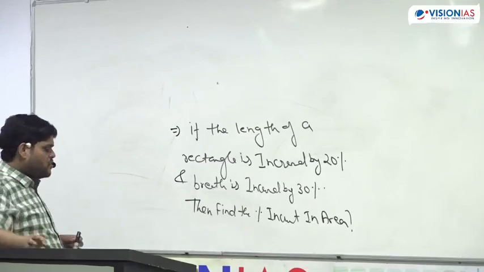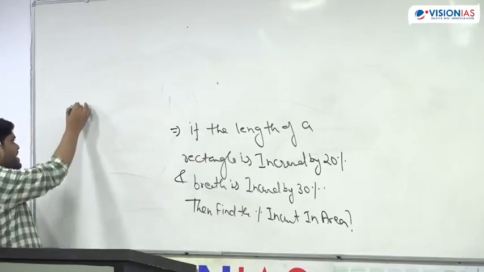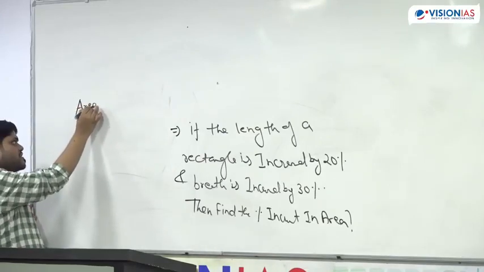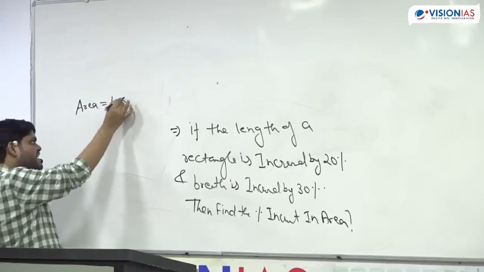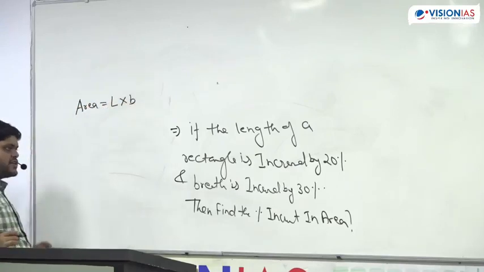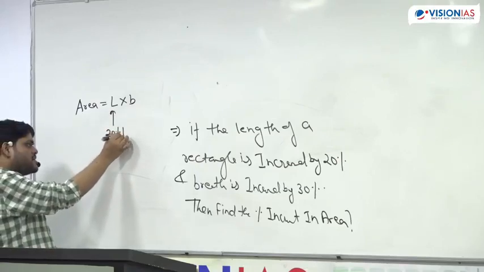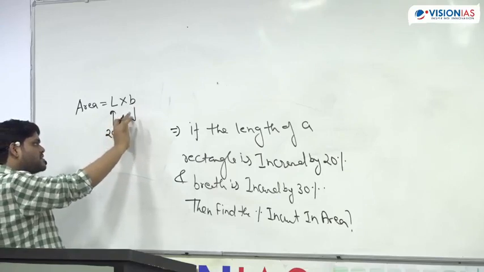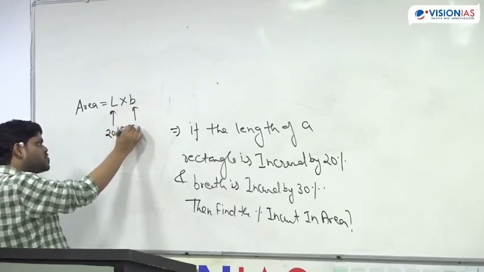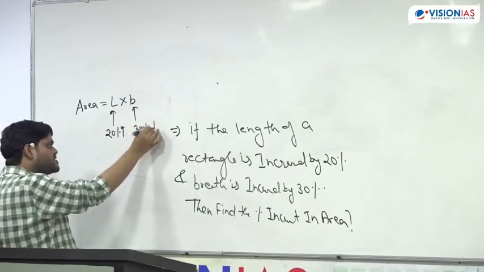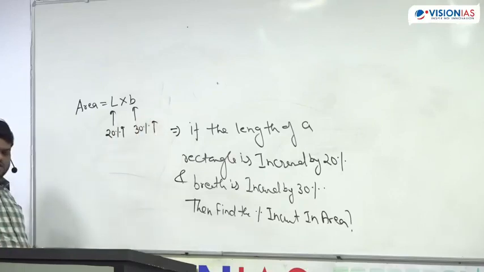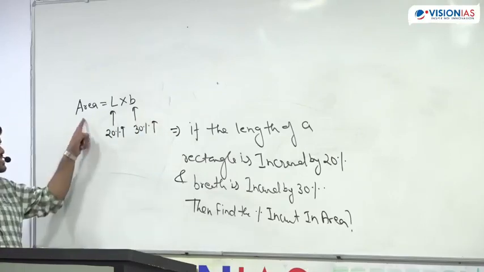What do we know? The area of a rectangle is length into breadth. What is given? The length is increased by 20% and breadth is also increased by 30%. The question is to find the percent change in the area.